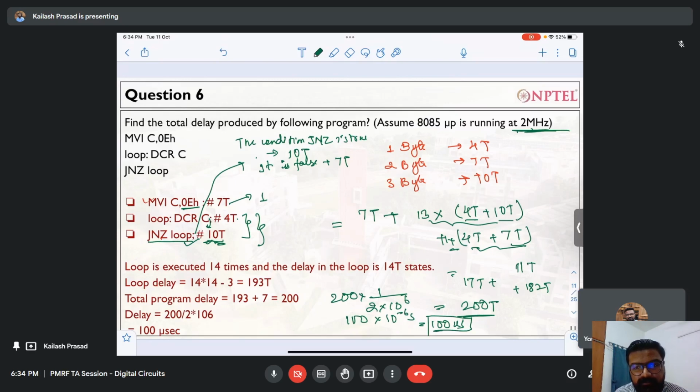Hello, sir. Is there any exceptional condition for 3T? You just mentioned 4, 7, and 10T. No, no, it is 4, 7, and 10. This is the general.